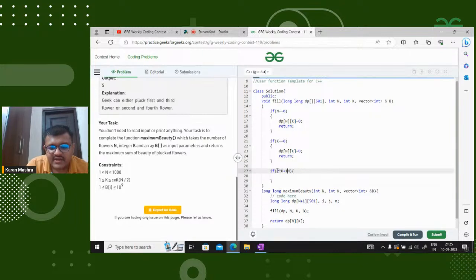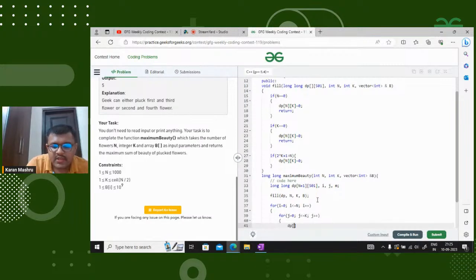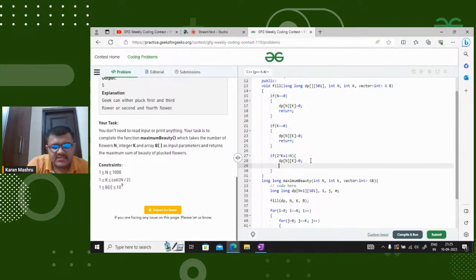So if it is greater than n, then dp of n and k will be equal to 0, right? Also let us initialize this table with -1, so we will know which entries are filled and which are not. Okay. So dp of i j equals -1. Okay. So we have considered these cases.